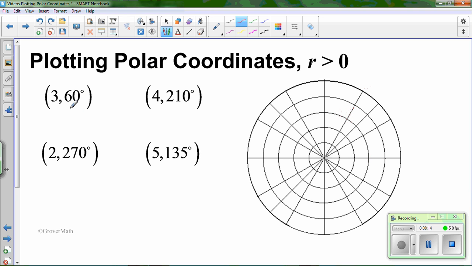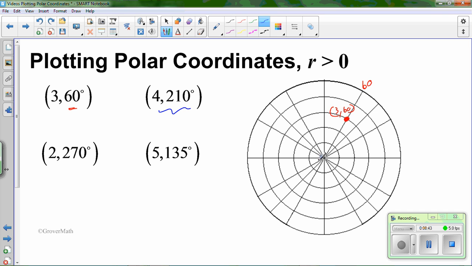What they'll do is they'll think, all right, here's the 60-degree line, and go 3 out. And I don't know if maybe that's easier to kind of work backwards a little bit. You're going to have to figure out what works best for you. Do you want to think about the distance out and then the angle, or do you want to go to the angle and then go to the distance out on that line? It's up to you. And so either way, this is the point 3, 60 degrees.